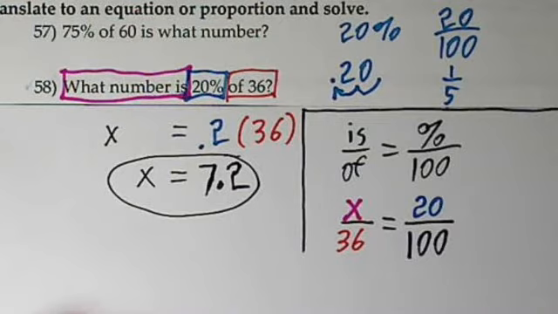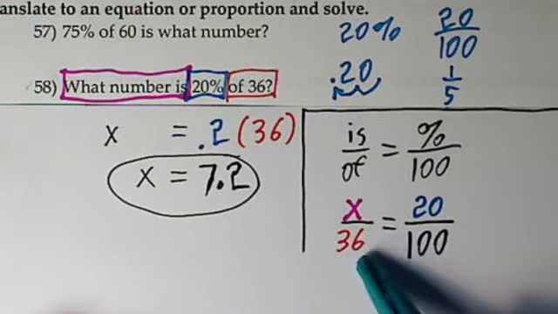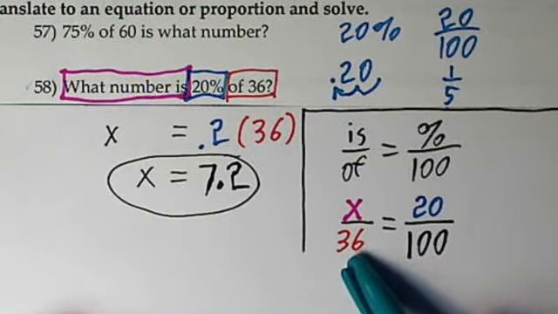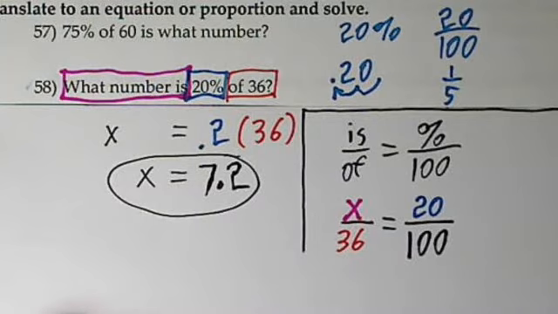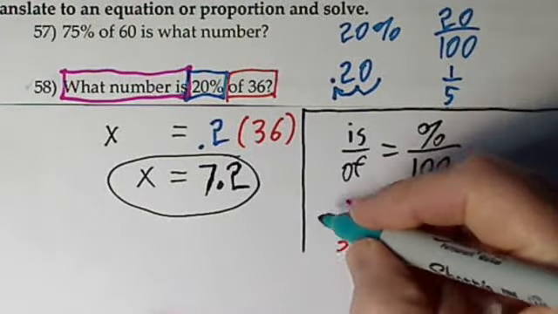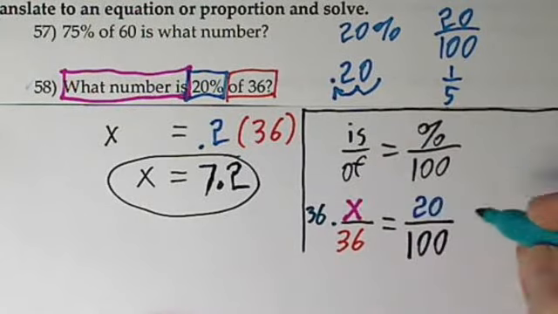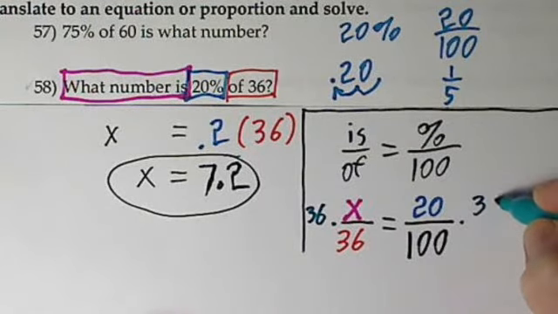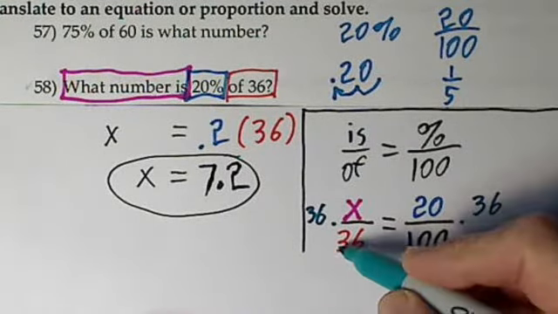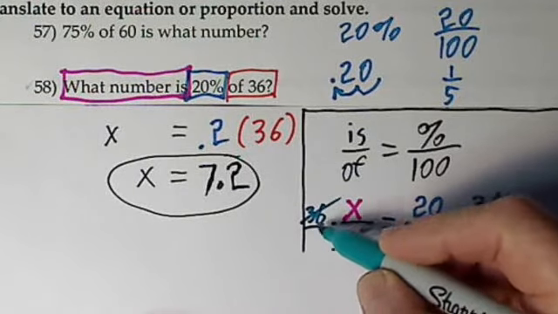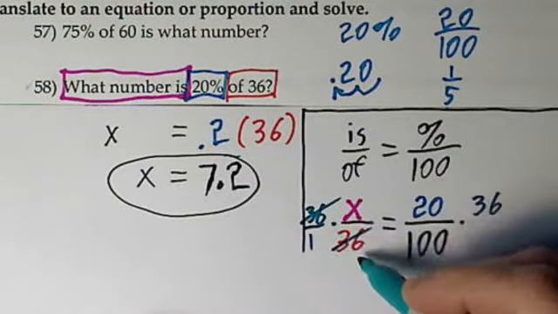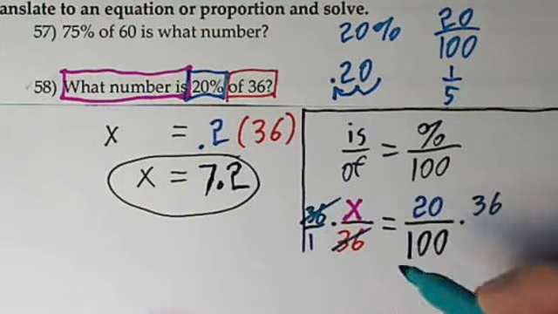I want to get rid of that 36. It's held there by division. The opposite operation is multiplication. So I'm going to multiply by 36 and multiply by 36. These cancel. That's really a 36 over a 1, right? So I can cancel like that.